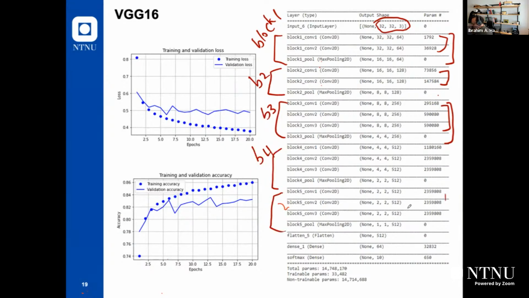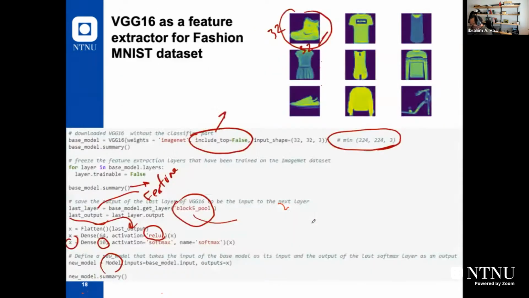If you want to get the output from this last layer, you need to remember its name, which is block5_pool, correct? Yeah, so it's block5_pool.